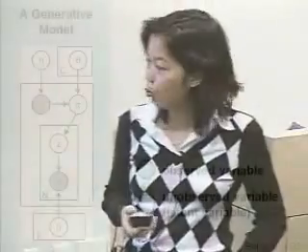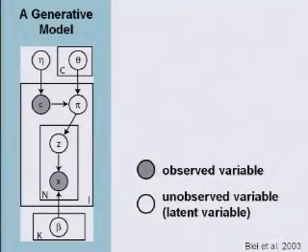I'll just go through it a little bit. In graphical models, each node is a random variable, and the darkened nodes are observed random variables during training, and the open, white nodes are unobserved latent variables. The plates indicate repetitions and so on.